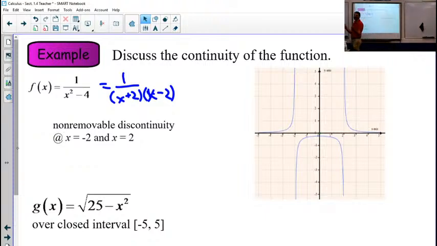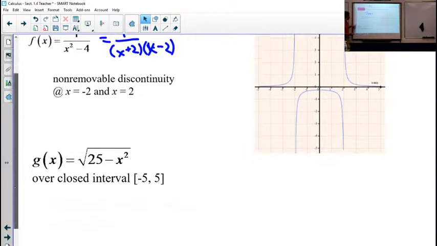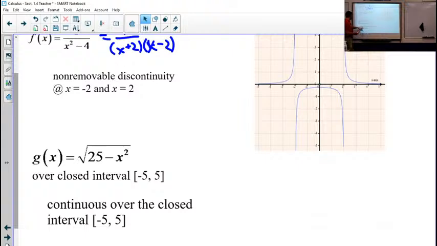Any problems between negative 5 and positive 5? Should give us either positive numbers or 0. Can we take square root of positive numbers or 0? Yes, we can. Continuous over the closed interval from negative 5 to positive 5.